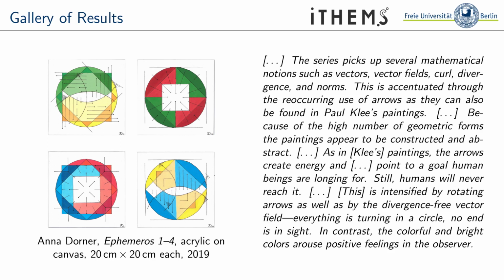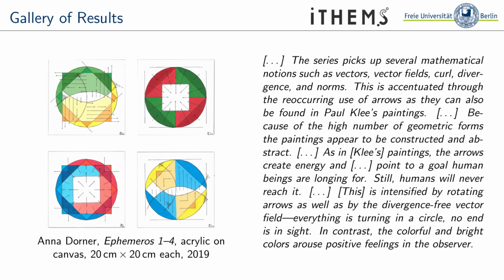This is accentuated through the recurring use of arrows, as they can also be found in Paul Klee's paintings. Because of the high number of geometric forms, the paintings appear to be constructed and abstract. As in Klee's paintings, the arrows create energy and point to a goal human beings are longing for.